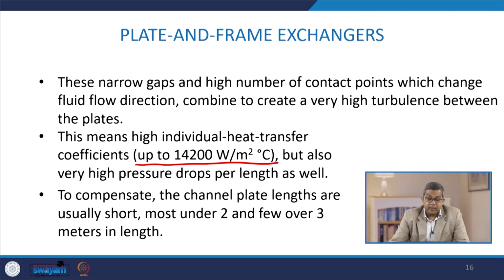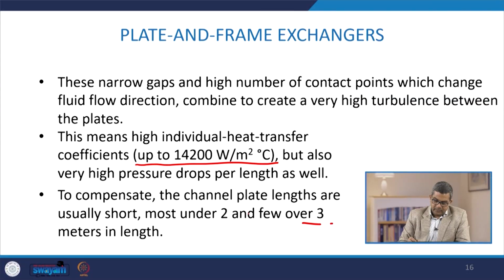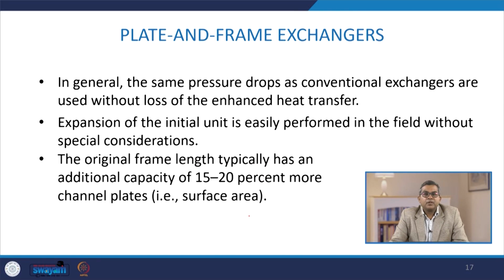Now, in order to compensate, the channel plate lengths are usually very short, mostly under 2 or a few over 3 meters in length. So, in general, with the same pressure drop as conventional exchangers, they are used without loss of the enhanced heat transfer.